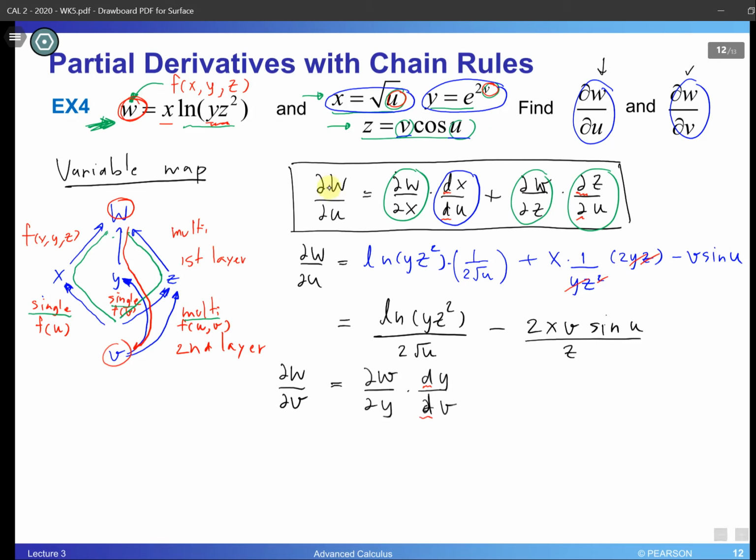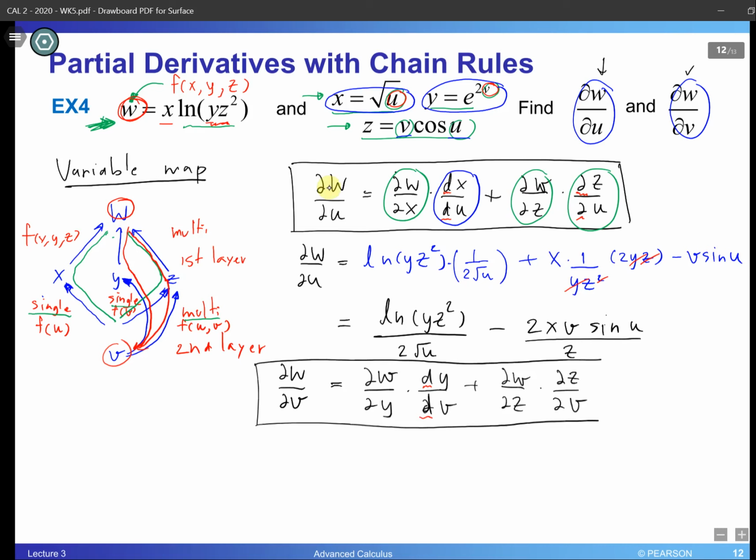We have this path coming through the z variable. Change of w with respect to z, and then change of z with respect to v. So let's put that into the expression. Alright, so let's put a box around that and perform the calculation.